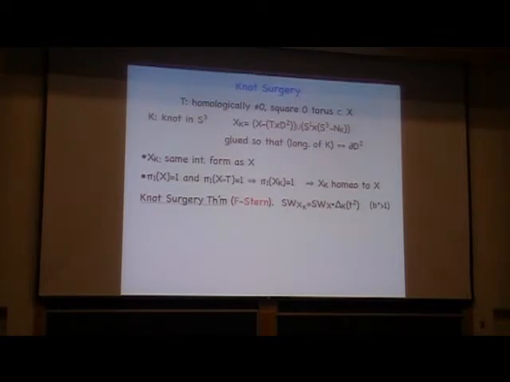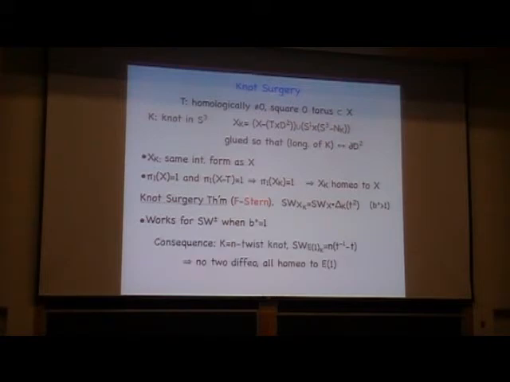And again, this is true for B plus bigger than 1, but it works for Seiberg-Witten plus or minus when B plus equals 1. And from that, you can compute the Seiberg-Witten invariant, even in case B plus equals 1.